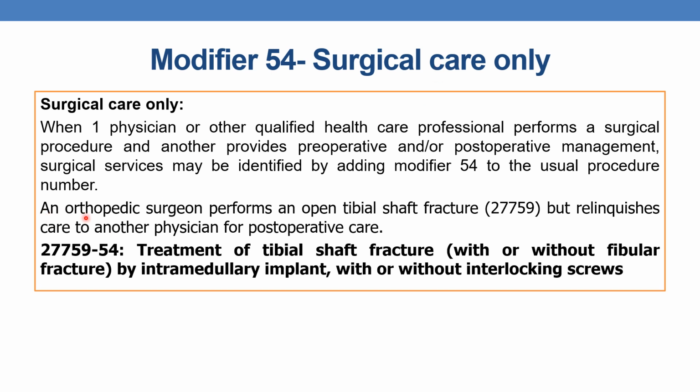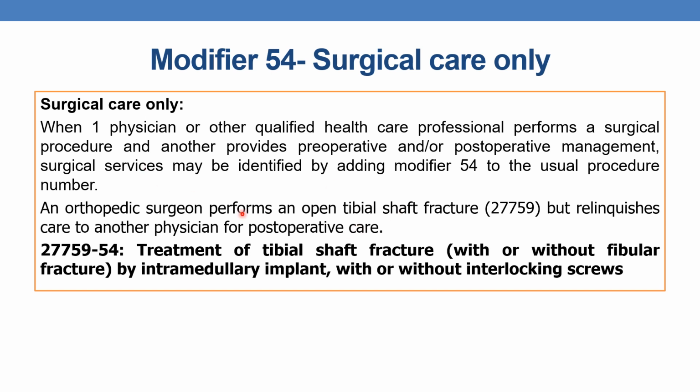Let us see an example. An orthopedic surgeon performs an open tibial shaft fracture treatment. The CPT code is 27759, but the surgeon relinquishes the care to another physician for post-operative care. Here the surgeon is performing only surgery, whereas post-operative care is taken care of by another physician.